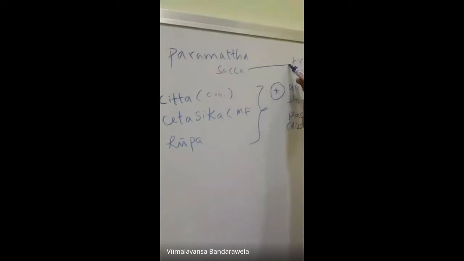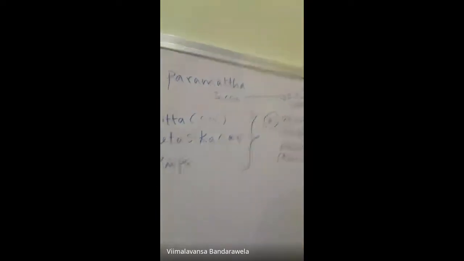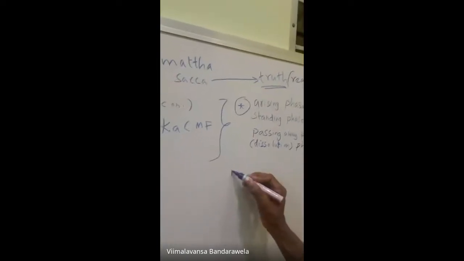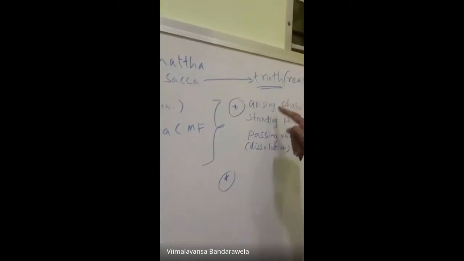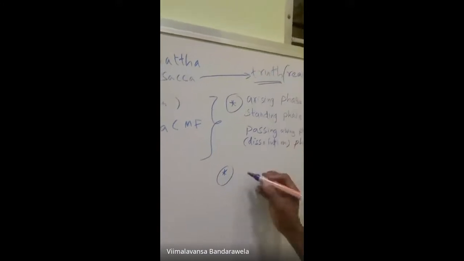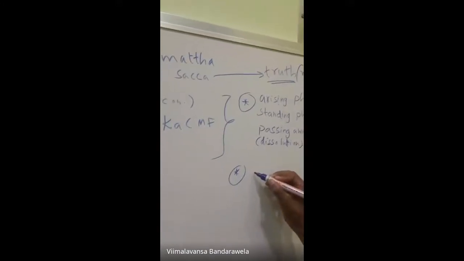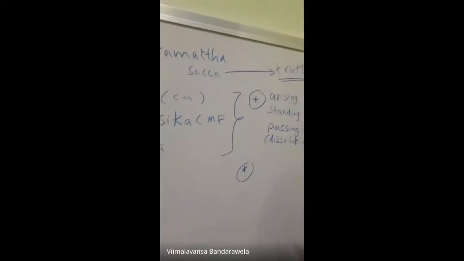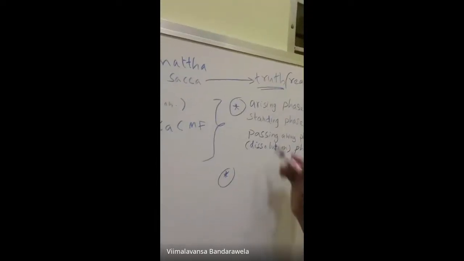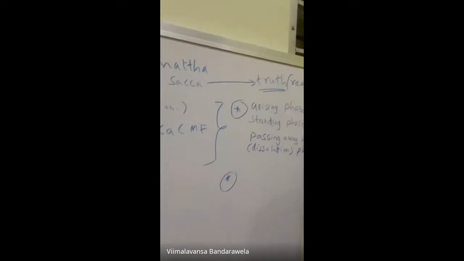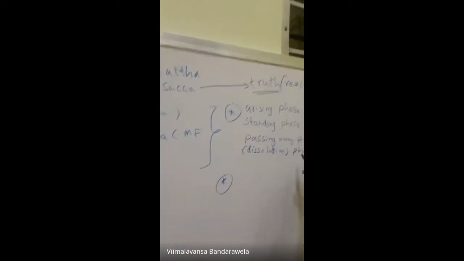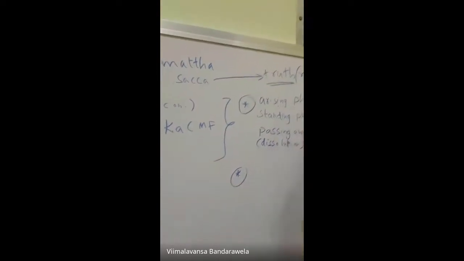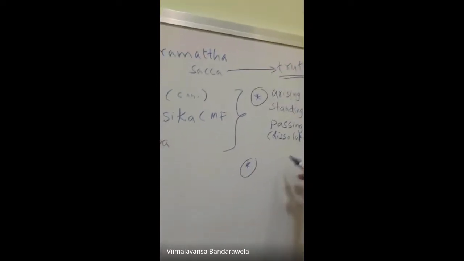Satya means the truth, right? Paramattha means ultimate reality, ultimate truth, right? So what other truth is this? This has always arising, always perishing, always passing away. We have thiti also. Thiti means standing phase, and especially arising and passing away phase. We can see standing phase also. You can see from the meditation, right?